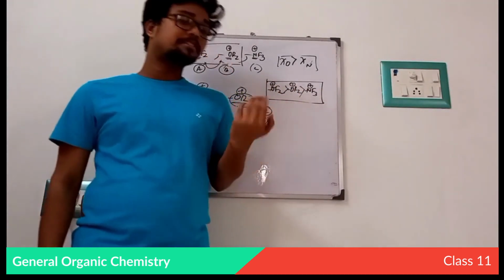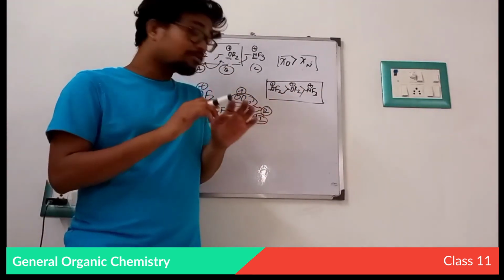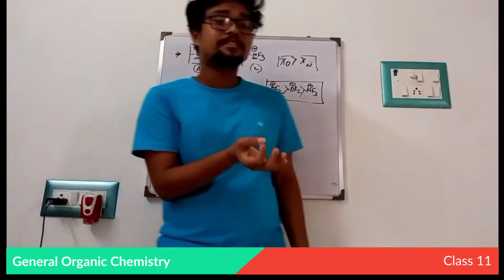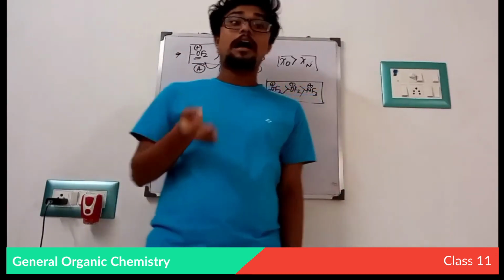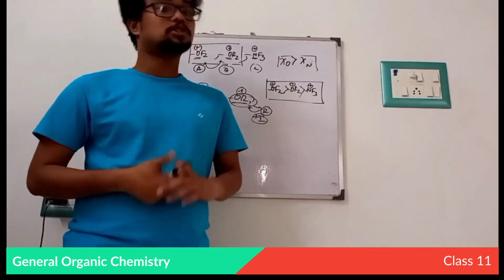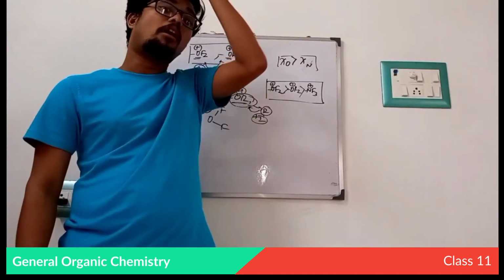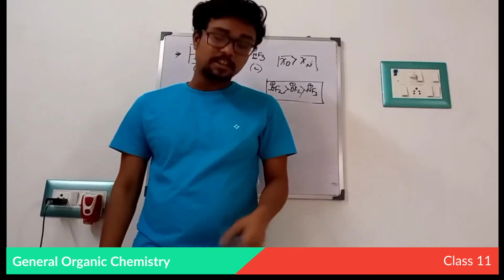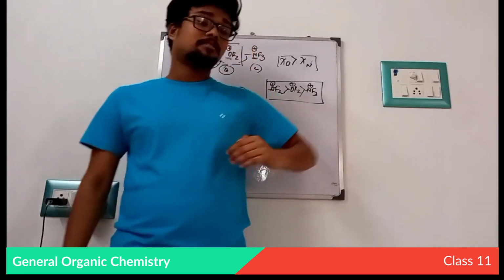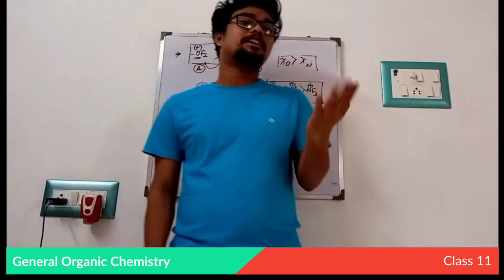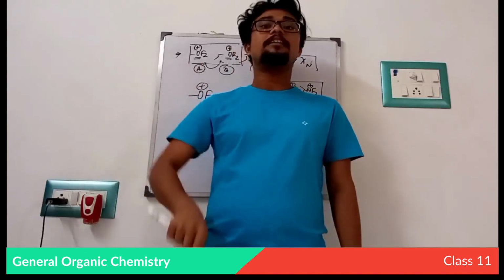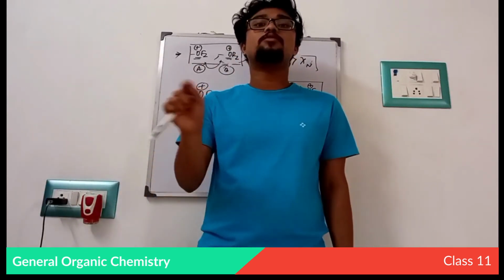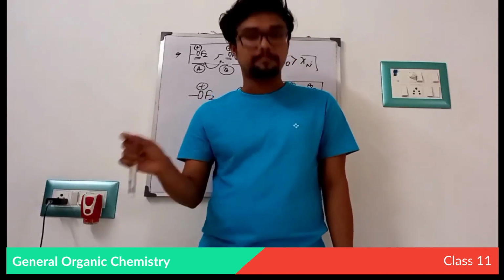How does the inductive effect control a reaction, and which part has plus I effect and which part has minus I effect. And most important, we have discussed today the calculation of the percentage of s character in any hybrid orbital, and from the percentage of s character we can define the electronegativity. That means which one is more electronegative, sp3, sp2 or sp.